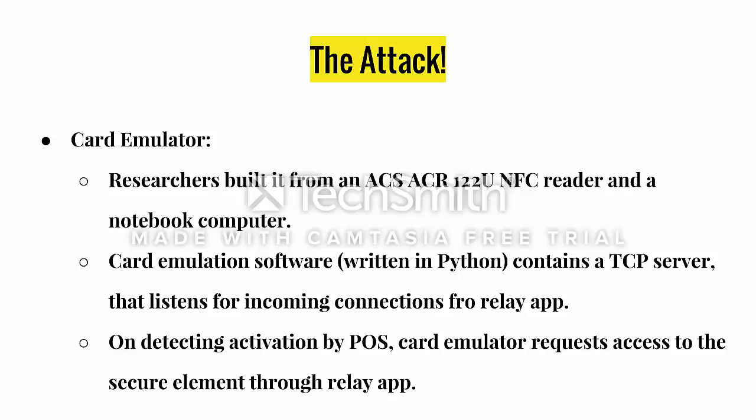Then all received command EPDUs are forwarded through the network interface to the Relay app, and all response EPDUs received from the Relay app are returned to the POS terminal. When the ACR122U leaves the range of the POS terminal, the RF field is no longer detected. The connection to the secure element is closed.